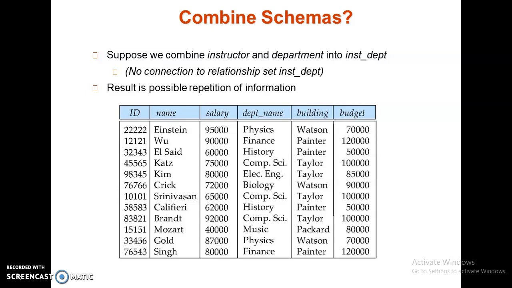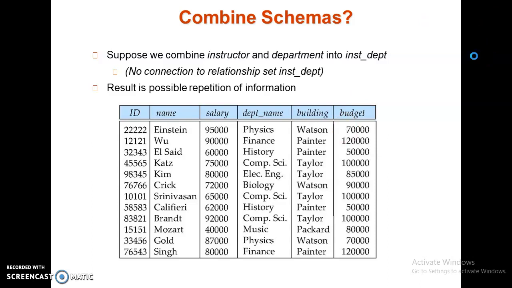What is this normalization? Normalization is the process of decomposing the big relations into smaller relations. While decomposing, we have to remember two important properties of decomposition.